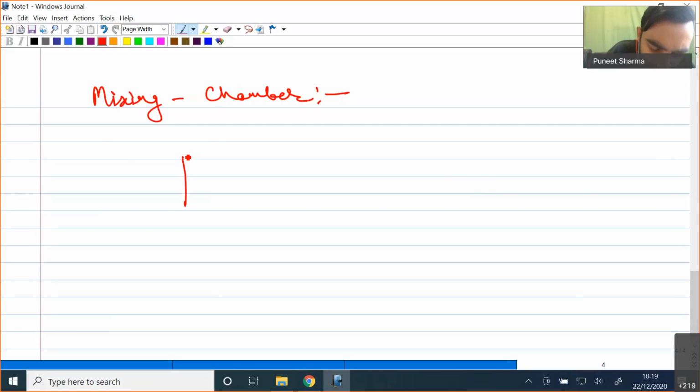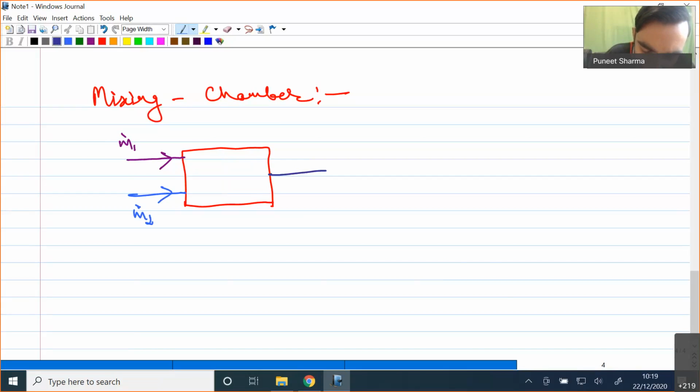Say I have some control volume, and inside this control volume two different streams are entering. One is entering with m1 dot mass flow rate, the other with m2 dot mass flow rate, and both mix inside, and finally we get an outlet stream m3 dot.